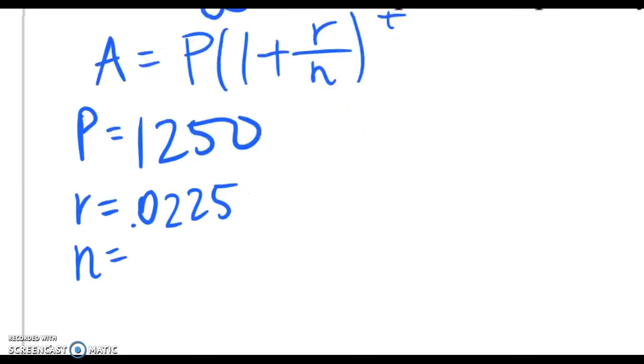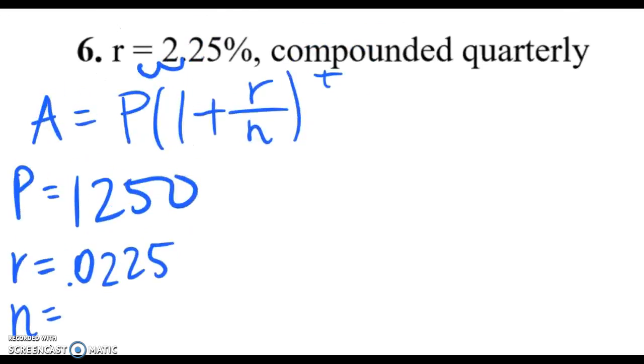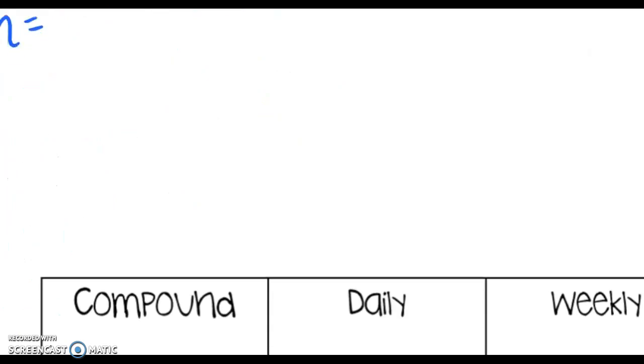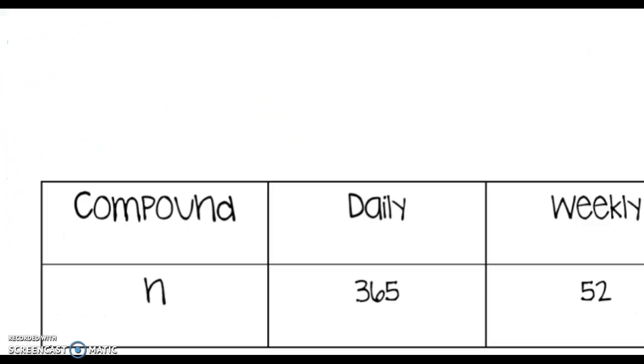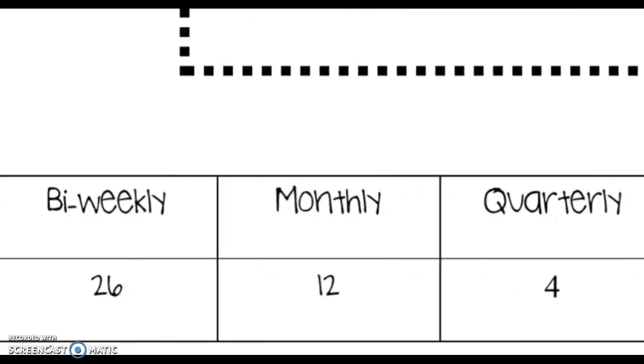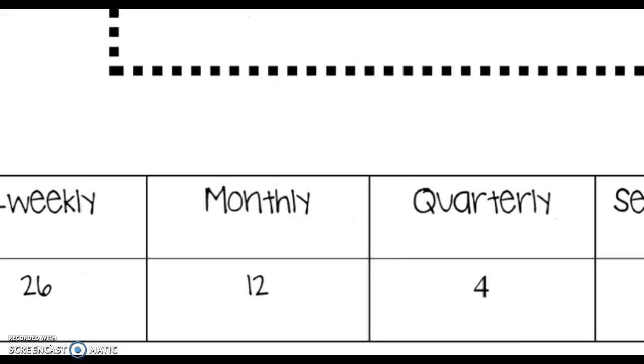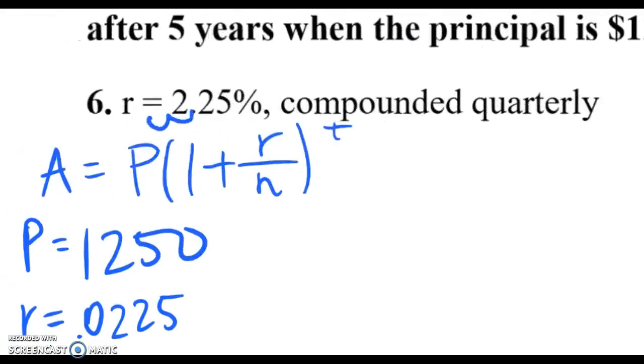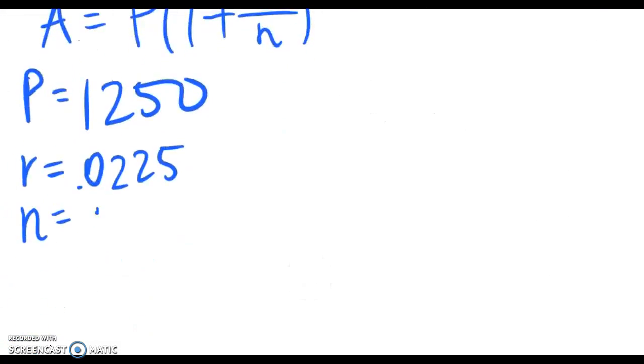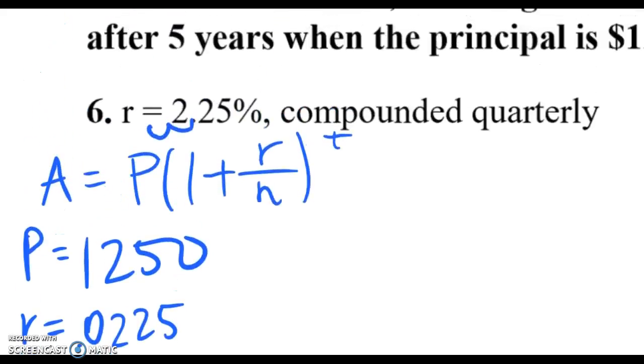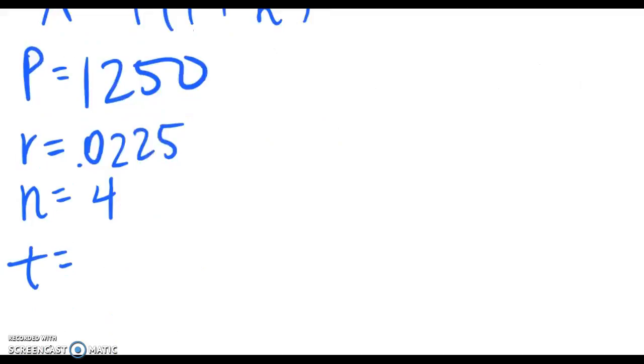Now n is how many times it's compounded. It says it's compounded quarterly. I gave you a table down here. So if it's compounded quarterly, we're going to use n equals 4. The next part that we need is t. T represents the number of years, and here we have 5 years.